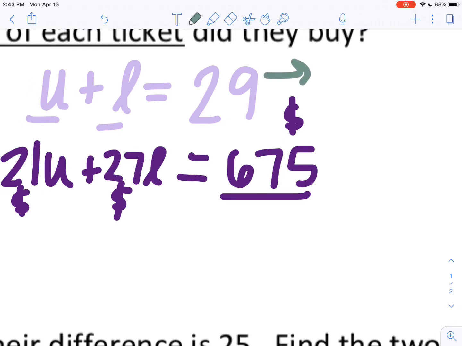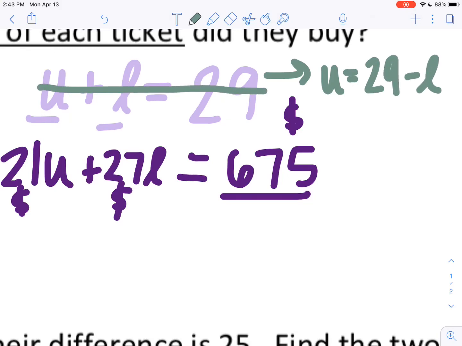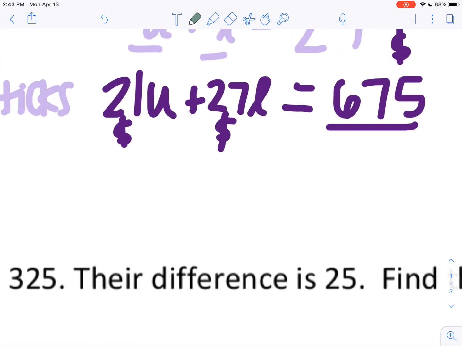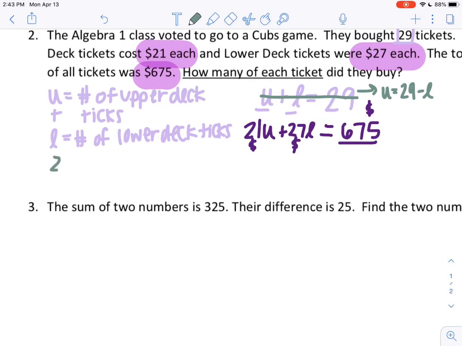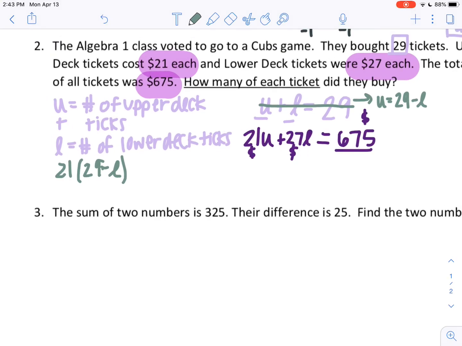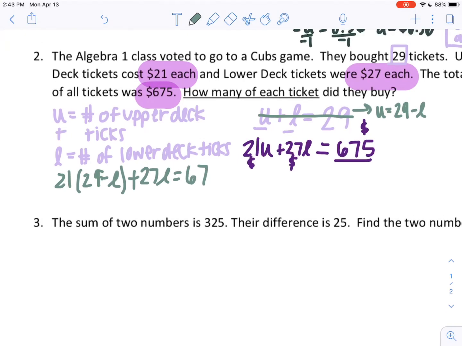I'm going to solve this for U. So I'm going to say U equals 29 minus L. Okay, so that's the equation I'm going to use, and I'm going to plug it into the dark purple equation down below. So instead of U, I'm going to plug in 29 minus L, plus 27L equals 675.